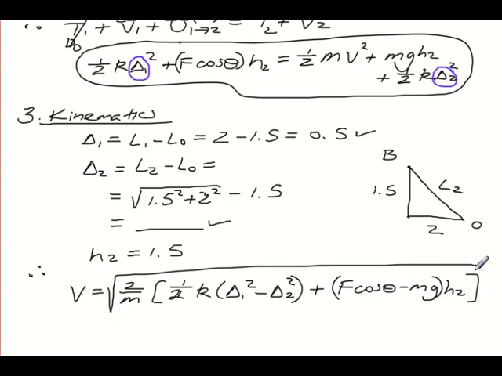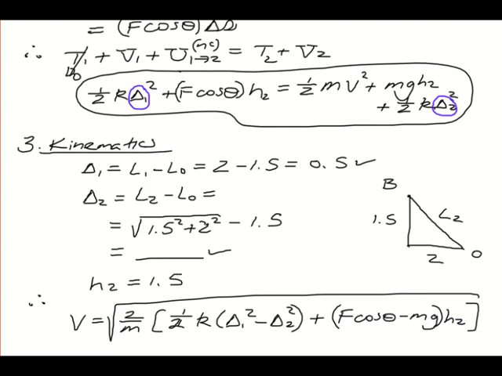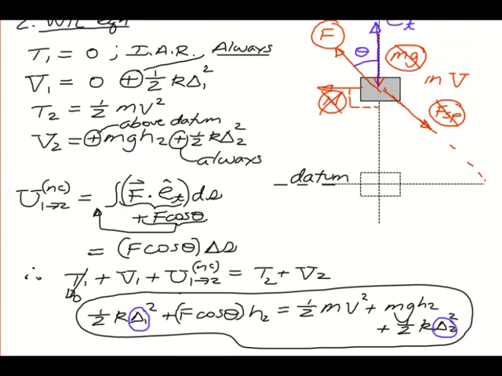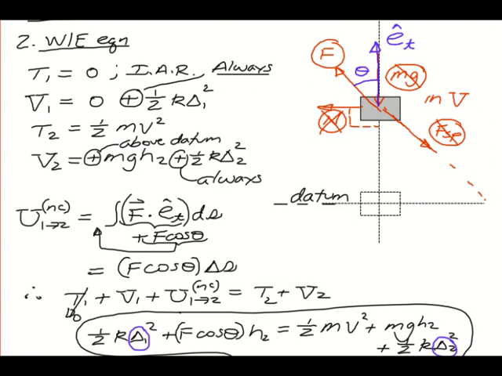And that's it. We worked the problem in the standard way. We looked first to find out what forces are doing work. Only F does work. We wrote down T and V. There's no potential at the beginning because I chose my datum line to be the initial state. There is an initial stretch in the spring, so we have to put in 1/2 K delta squared.